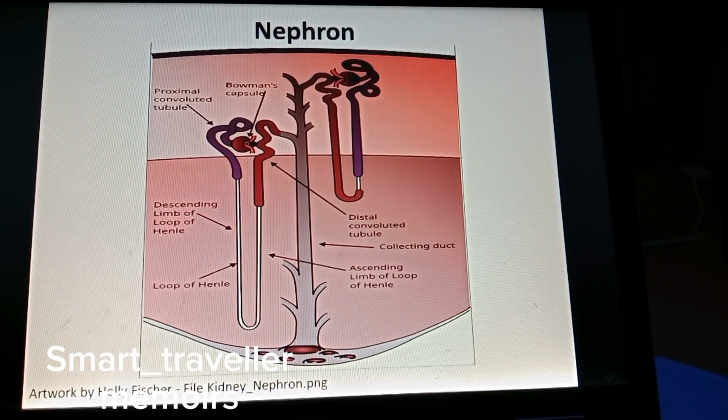Now the problem with this diagram is that if we come to practicals, I advise you to make sure that the label line touches the structure being labeled. But I can see this structure here is hanging. All right.